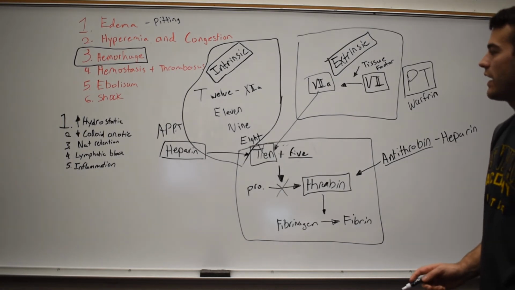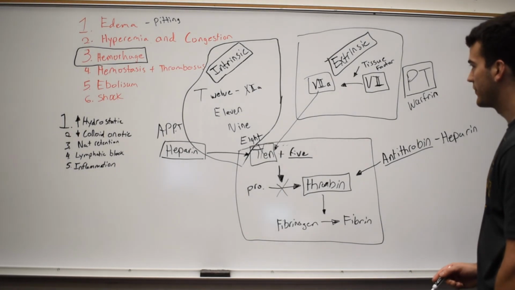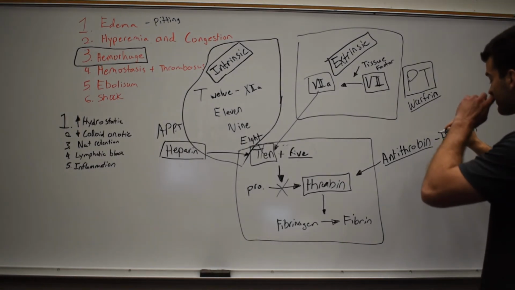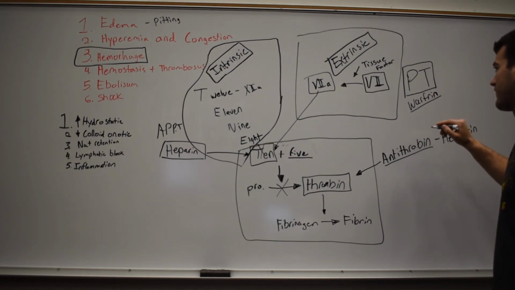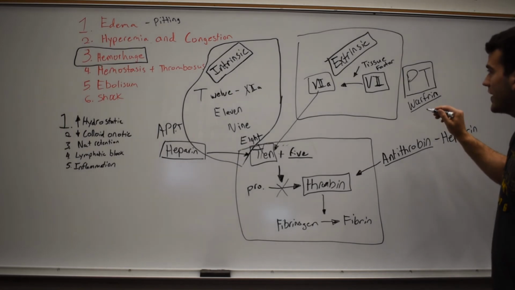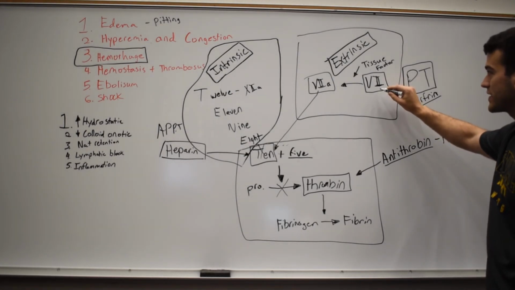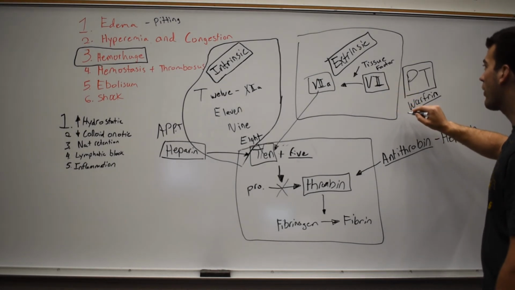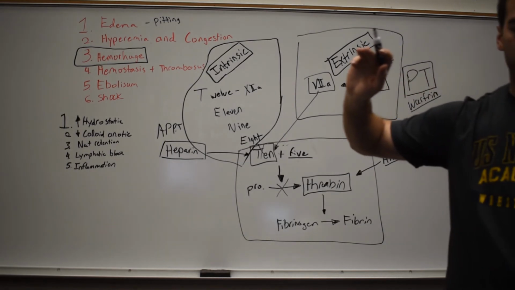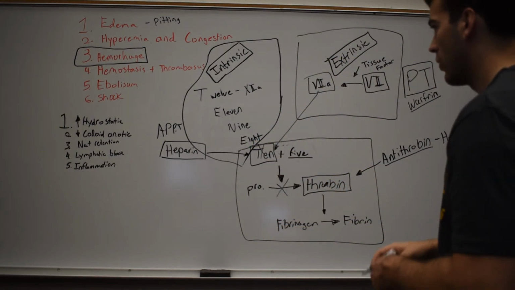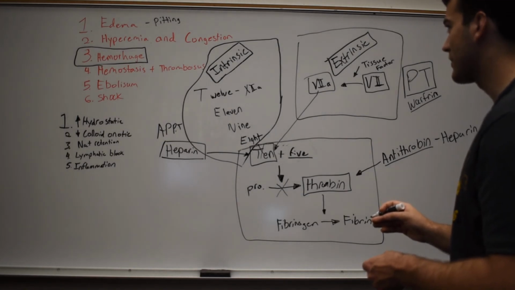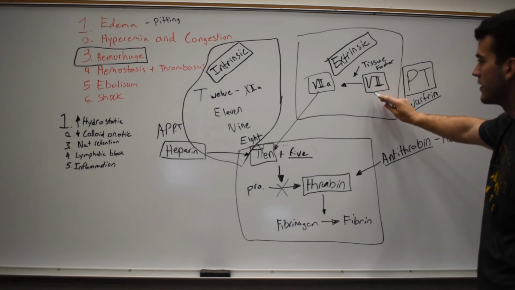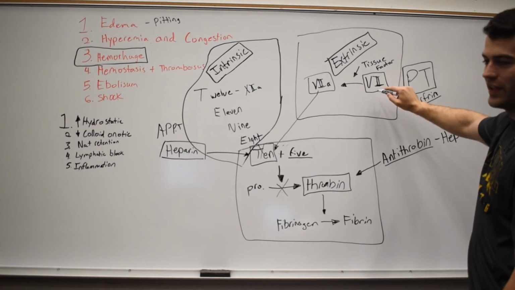Now, why do we need a pathway to measure this? Well, warfarin, the drug found in Coumadin, which is actually a rat poison, fun fact, really affects this specific factor really well. So warfarin is a drug that blocks vitamin K, or decreases the amount of vitamin K that we have in our system. And these factors, or this factor specifically, and a couple other ones, are made in the liver.